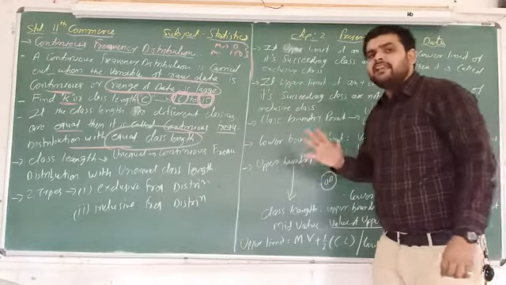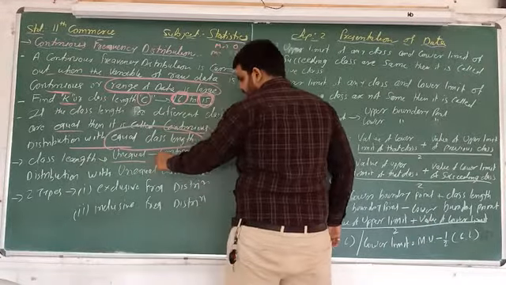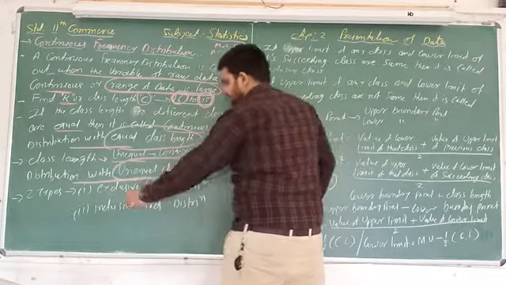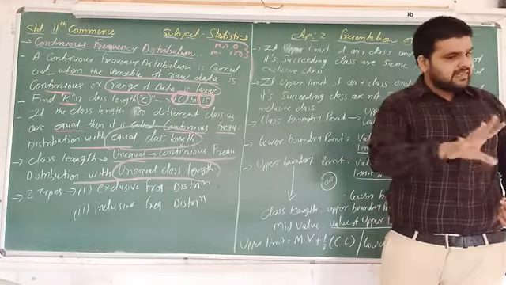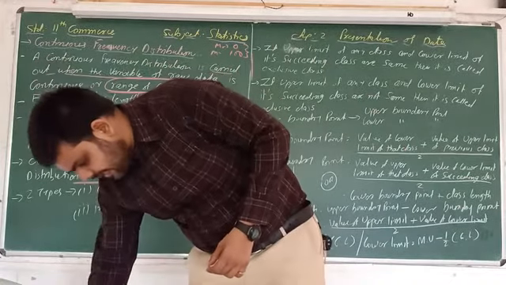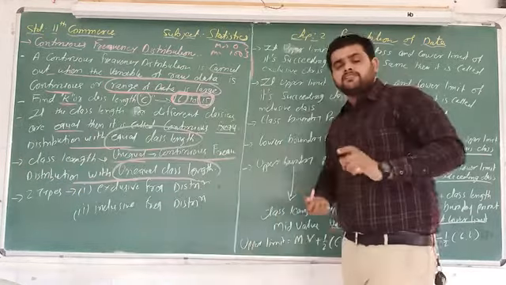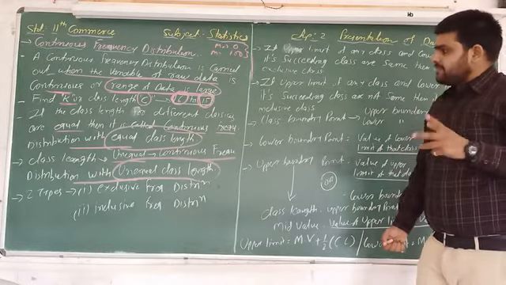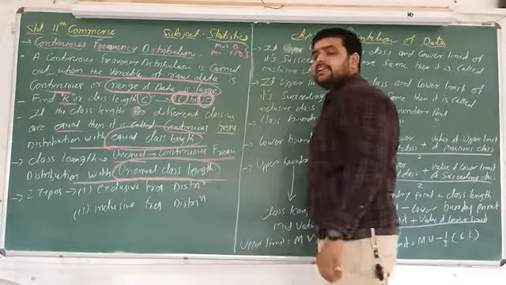But if the class length is unequal, it is called a continuous frequency distribution with unequal class length. Sometimes it happens that the class length is not equal. So there are two types: number one, equal class length, and number two, unequal class length.